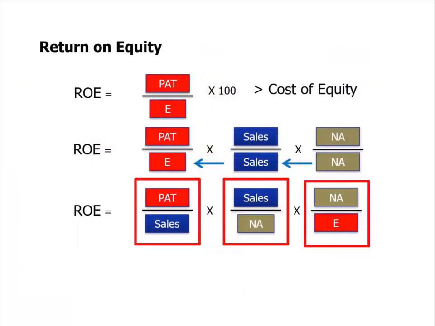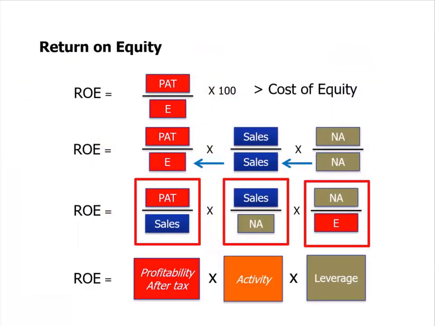So when we put those together, we get profitability. This time it's profitability after tax, not from operating profit like the RONA calculation. And here's the activity, and there's the leverage. So we're combining three different performance ratios to help describe the return on equity.